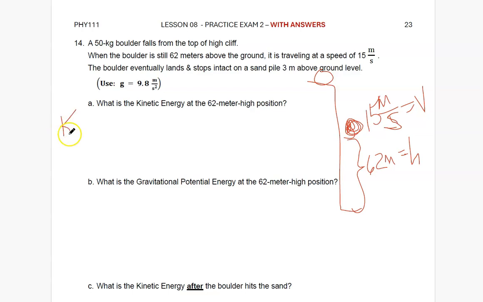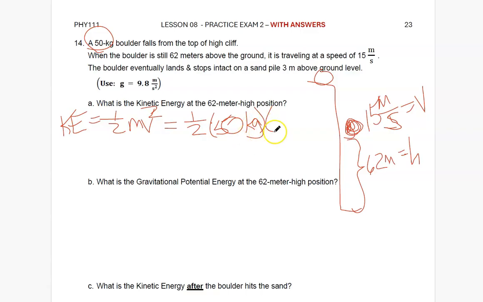Well, kinetic energy is 1/2 mv squared, 1/2 times the mass times the speed squared. We know the mass of the boulder is given in the question. It's 50 kilograms. And we know the speed is 15 meters per second, and we have to square just the speed.